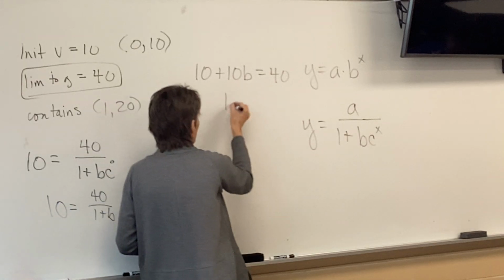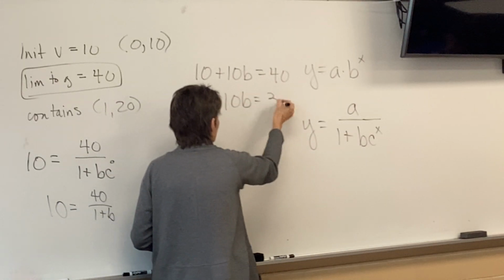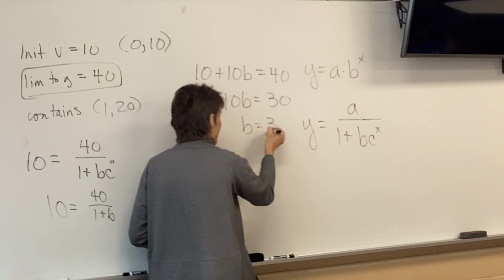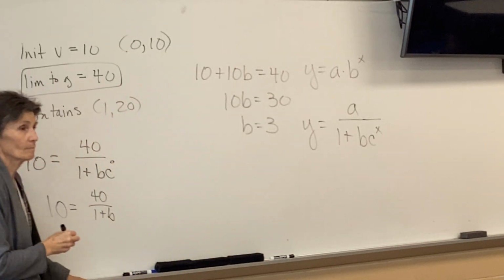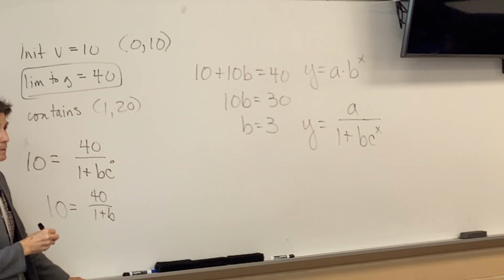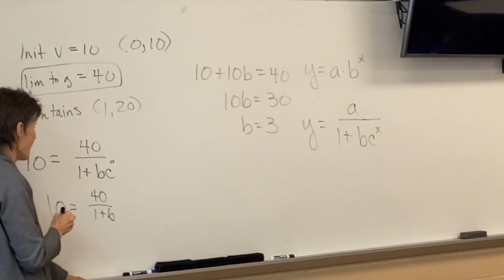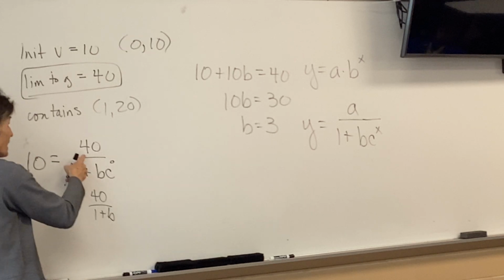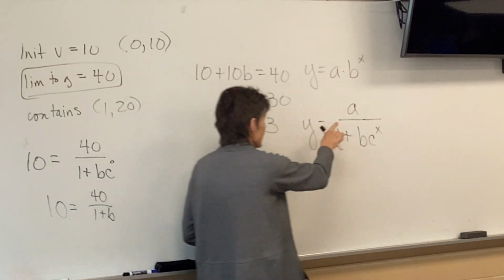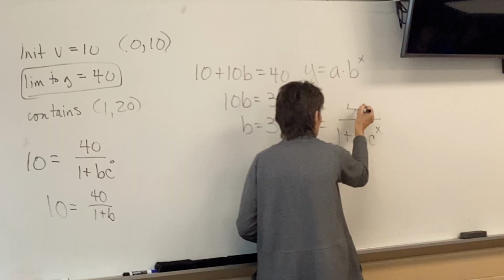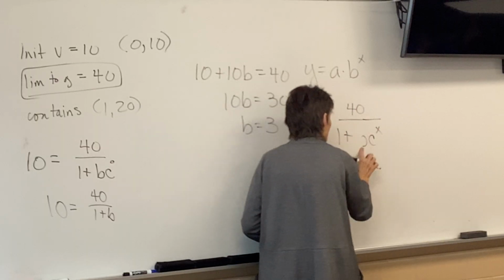Which means 10b equals 30 and b equals 3. Plug it back in. So now I know that A is 40 and B is 3.